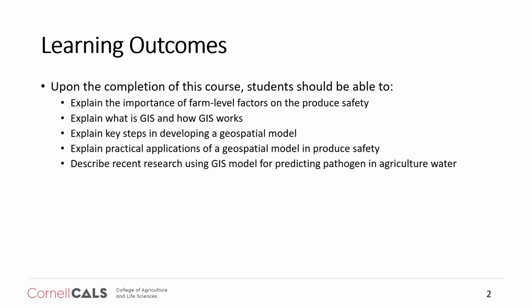Next, students should be able to explain different steps in developing a GIS or geospatial model, and also explain the practical applications of using GIS model in produce safety. Lastly, the students should be able to describe recent research projects using GIS models for predicting foodborne pathogens in agricultural water or in other applications.